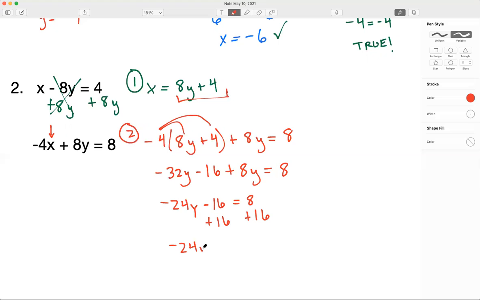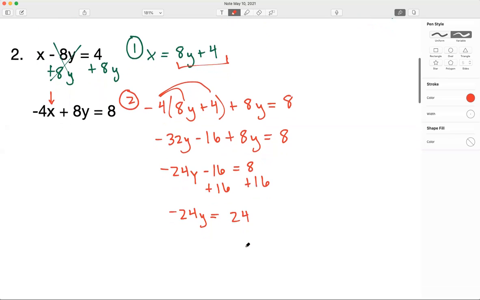Negative 24y equals 16 plus 8 is 24. So we're going to go negative 24y equals 24. And we've got to divide out the negative 24, and then y equals negative 1.